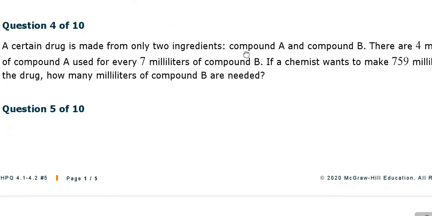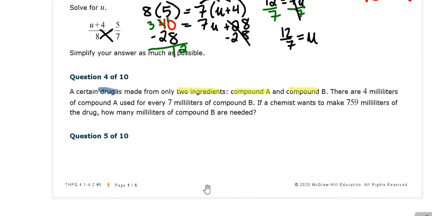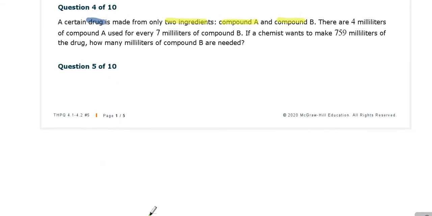Number 4. A certain drug is made only from 2 ingredients, compound A and compound B. There are 4 milliliters of compound A used for every 7 milliliters of compound B. So keep in mind what you just said, for every, that's a ratio.